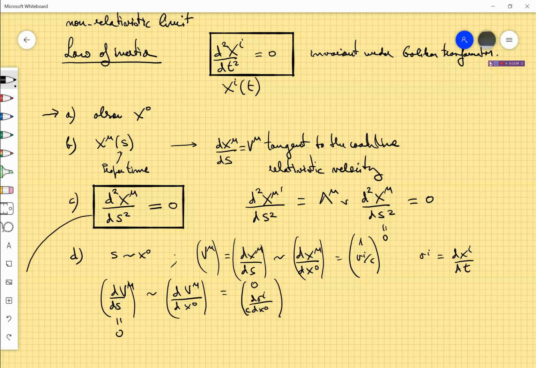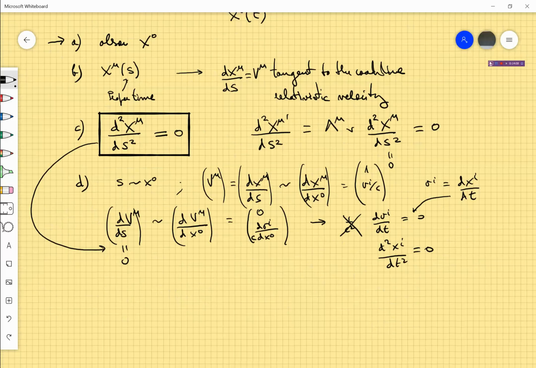This is this law, 1 over c squared dvi dt equal to 0, because this is 0 only if all the components are 0. This factor doesn't really matter, and this is the same as d squared xi over dt squared equal to 0.